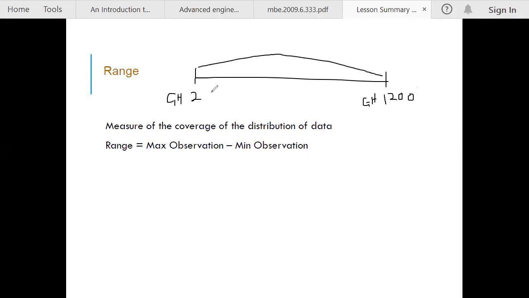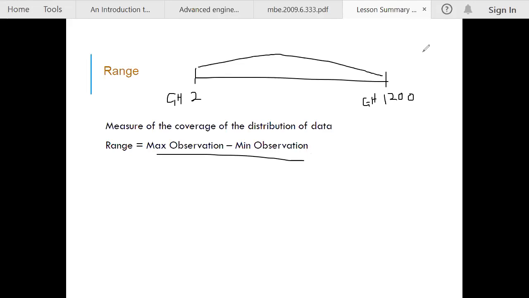Then your range gives you the gap between the lowest and the highest observation. It tells you how spread out the data is. The formula is just the maximum observation minus the minimum observation.